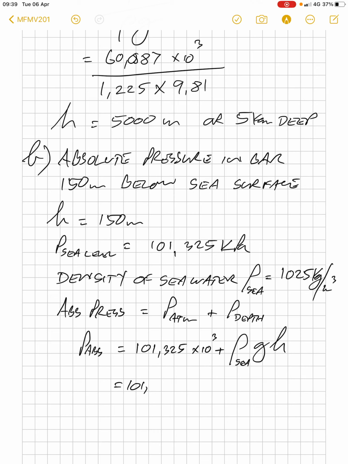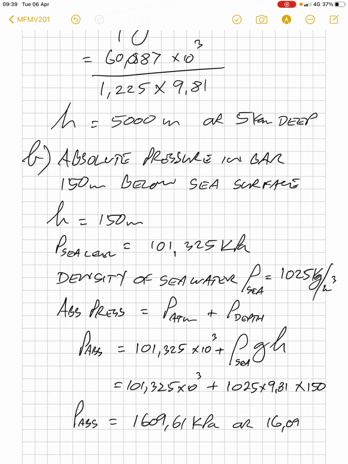So that is 101.325 times 10 to the 3 plus 1025, which is the density of seawater, times g, 9.81, times the height of 150 meters. So our absolute pressure would then be 1609.61 kilopascals, or 16.096 bar.